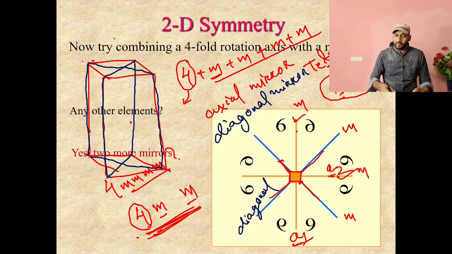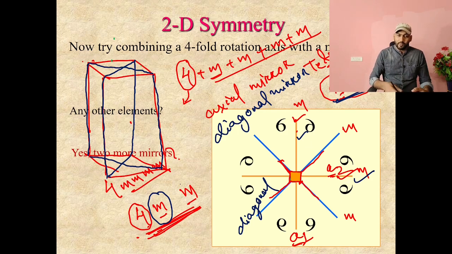For axial mirror planes we will use one m because they are identical. They are not different. A1 is equal to A2, the axes are equal, so the two mirror planes will also be equal. These two mirror planes will be identical in nature.